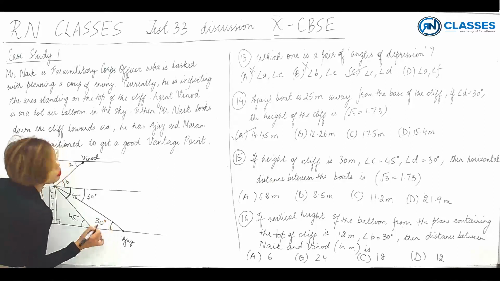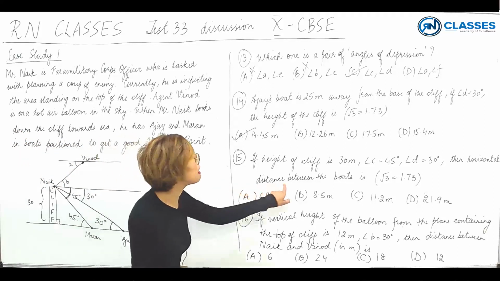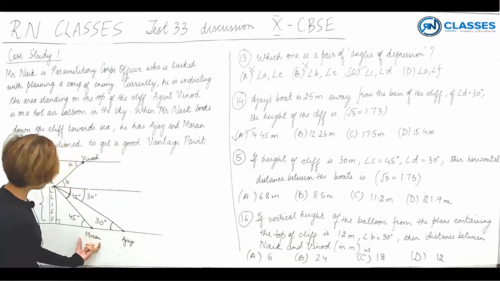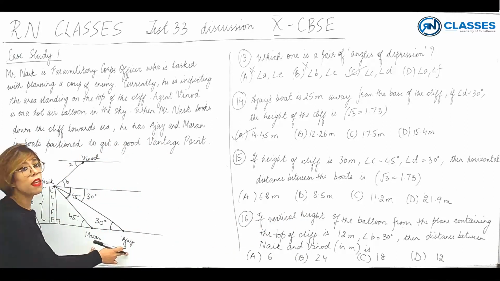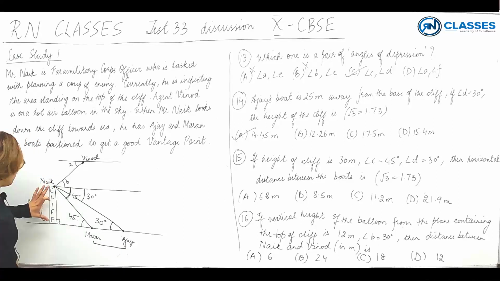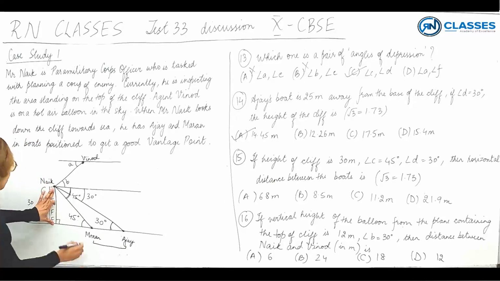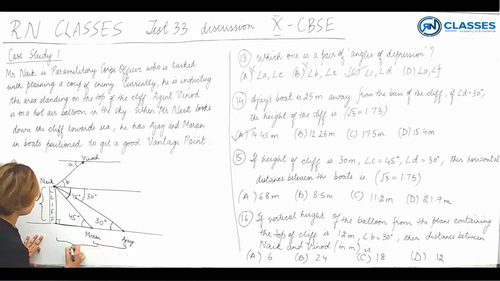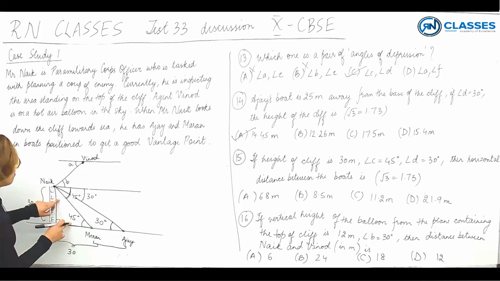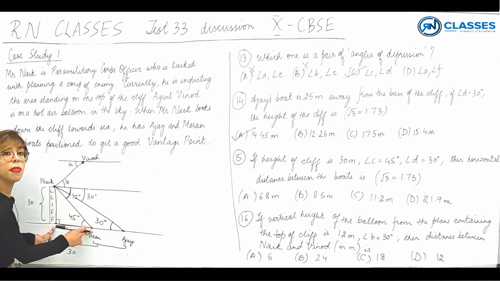What do I want? I want the horizontal distance between the boats. Now this both and this both, and you want the horizontal distance. This distance. Right? Okay. Now let's see. I know that this distance is 30. Also, I know that this distance is also 30, isn't it? Come on, this is 45, this will also be 45. This will be equal to this, right?